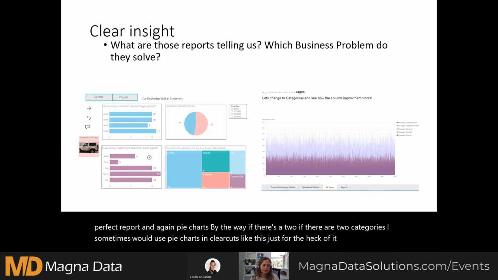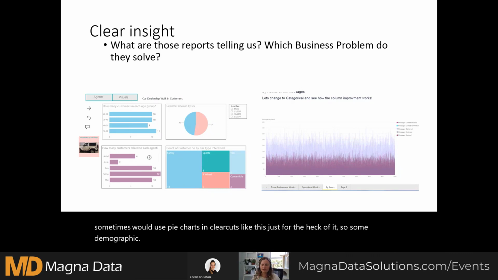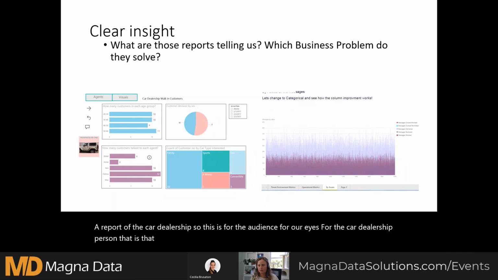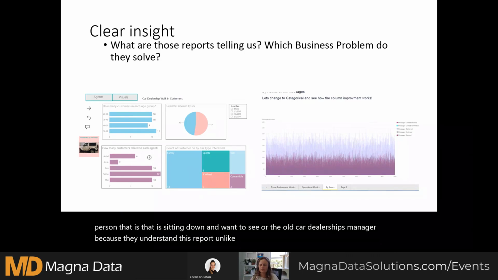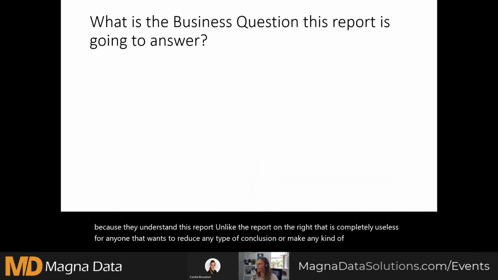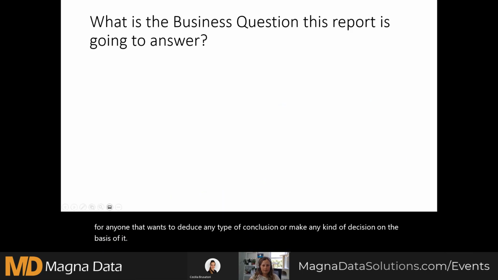So this is a demographic report of the car dealership, for the audience, for the car dealership person that is sitting there and wants to see, or the car dealership manager, because they understand this report, unlike the report on the right that is completely useless for anyone that wants to deduce any type of conclusion or make any kind of decision on the basis of it.